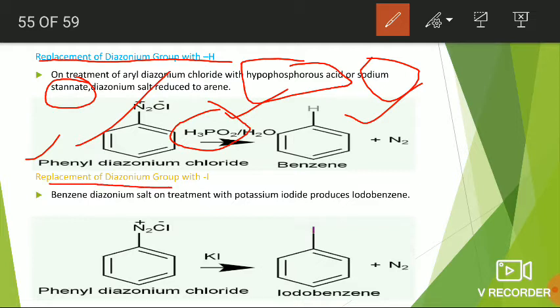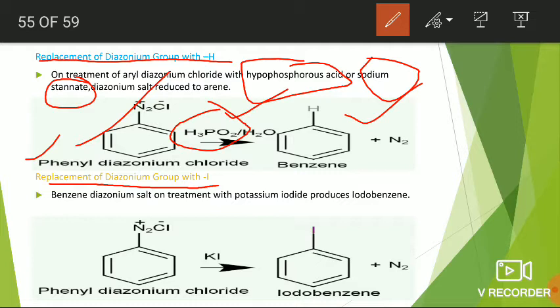replacement of diazo group or diazonium group with iodine. It is difficult to substitute iodine on the arene ring directly, but it is easily achieved through diazonium salts.